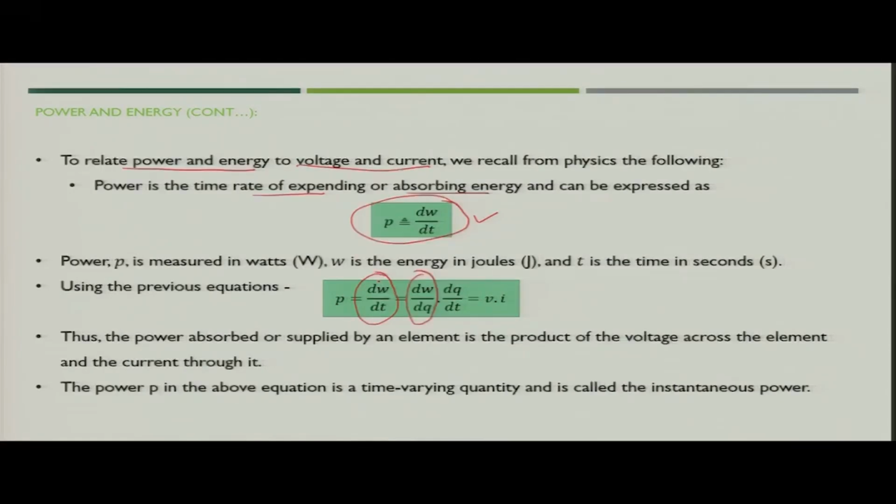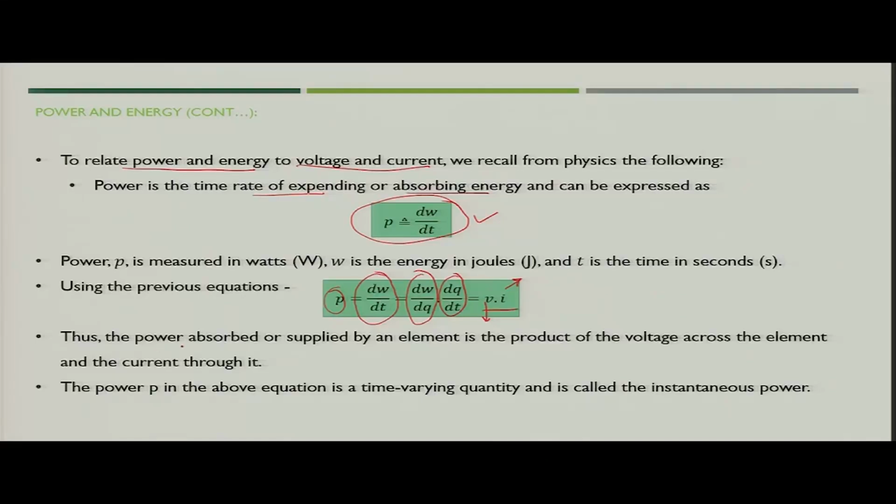If you express dW by dt as dW by dQ times dQ by dt, you will get the expression for power P in the form of voltage and current. dW by dQ is nothing but the voltage which we discussed in the previous slides, and I is nothing but the rate of change of charge passing through a particular element. So, with this you can calculate the value of P as the multiplication of voltage and current.